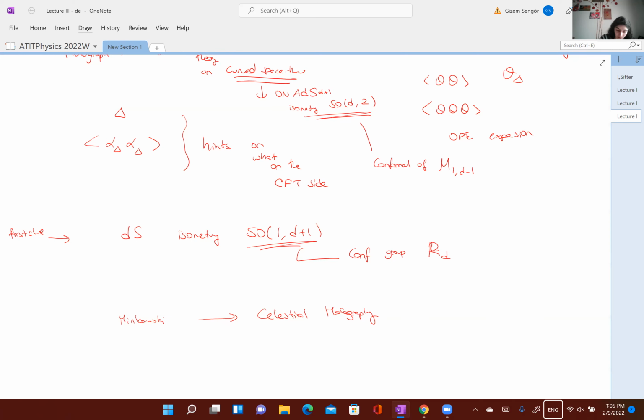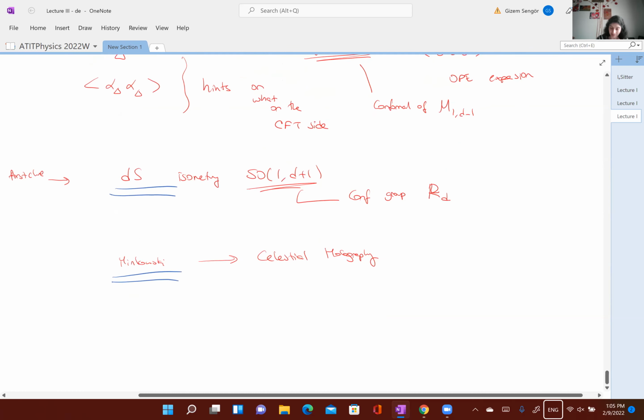There is one more thing. Now, these are not just any random spacetimes. So we said AdS, we said de Sitter and Minkowski. And to go back to the very beginning, these are all spacetimes with maximal symmetry.